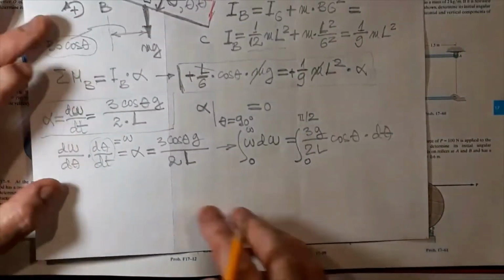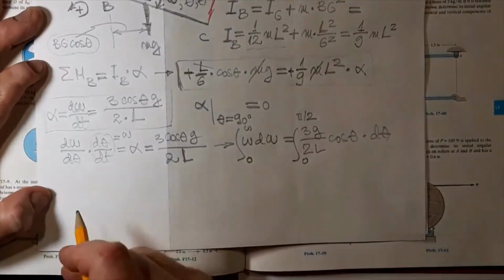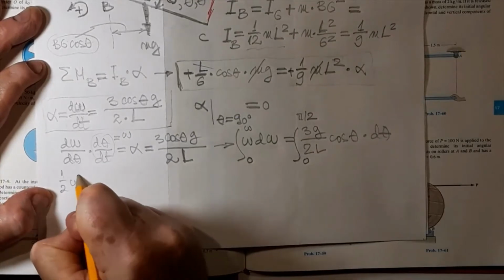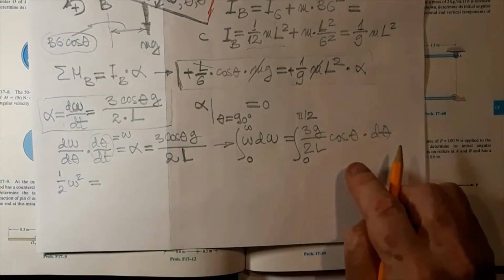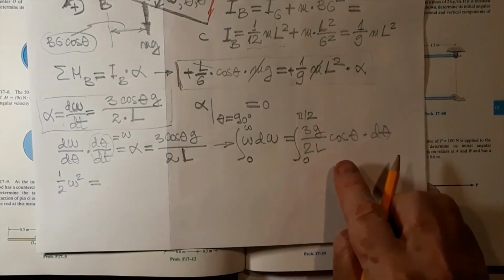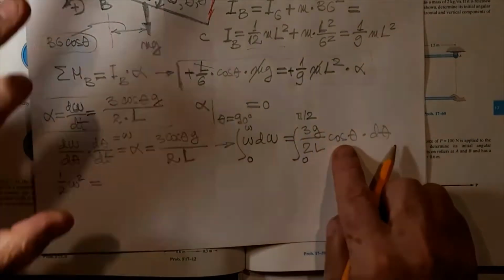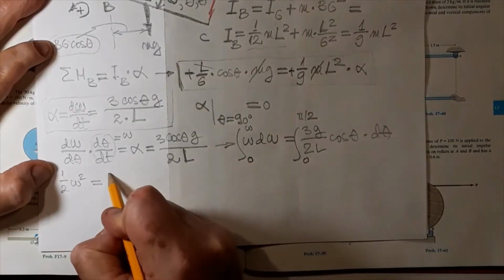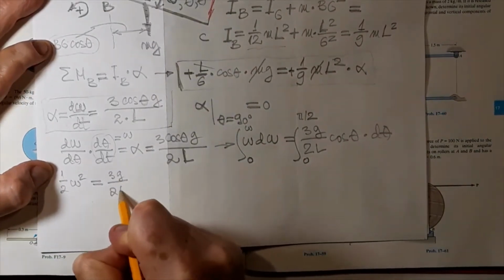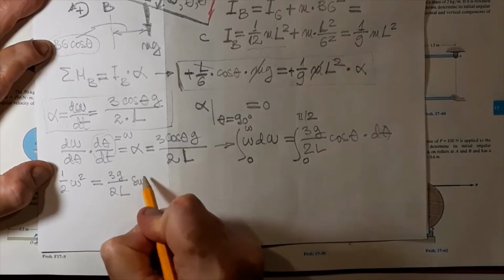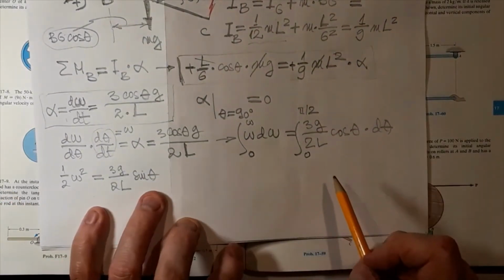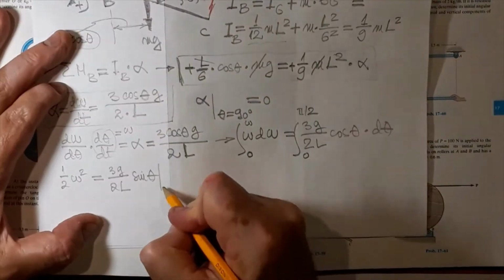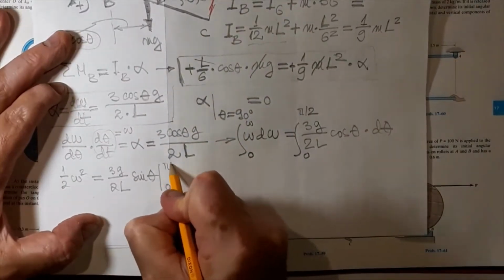Okay, so to the left we have 1/2 omega squared, and to the right everything comes in front, so this will be 3g over 2L sine of theta, going from 0 to pi over 2.